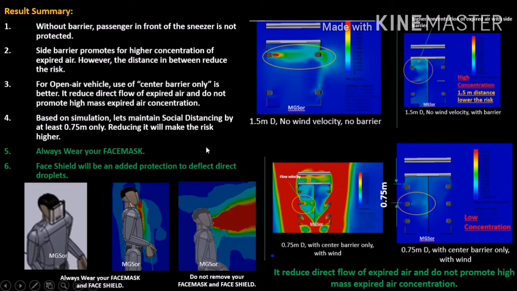But definitely, always wear your face mask as it will make your droplets go down and will not make them distributed inside the vehicle, and a face shield will be an added protection to deflect direct droplets. So with this, I recommend that at least we could reduce the social distancing to 0.75 meters, and for jeepneys we could use only center barriers. Thank you.